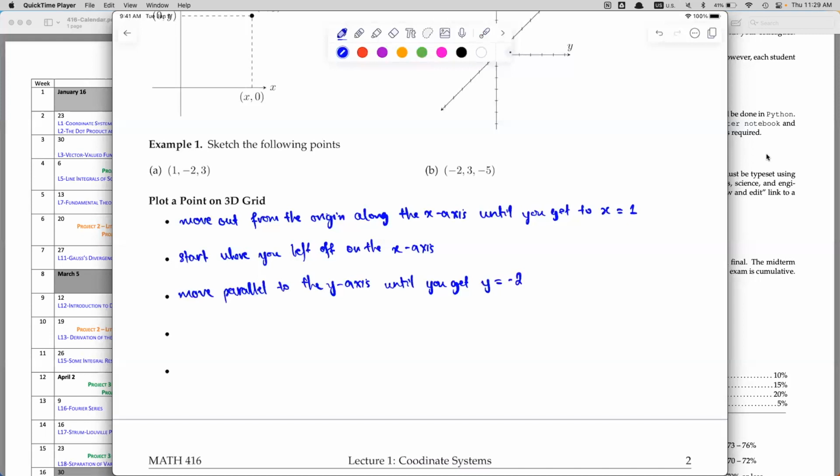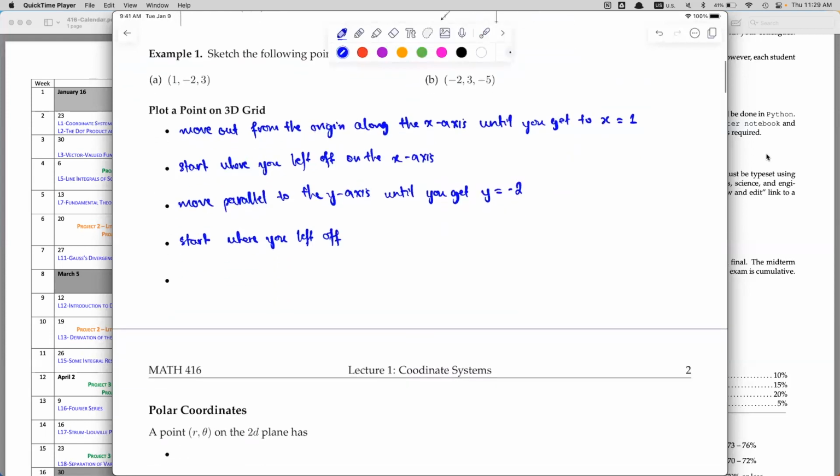You follow me? Yeah. Now we are on the xy plane. So we start where we left off, at the point 1 comma negative 2 on the xy plane.